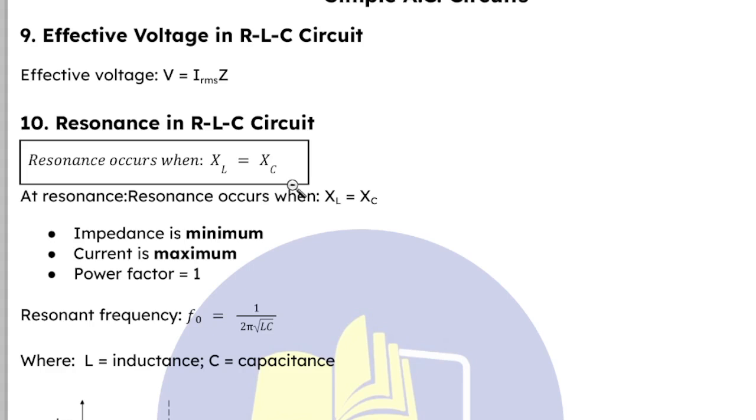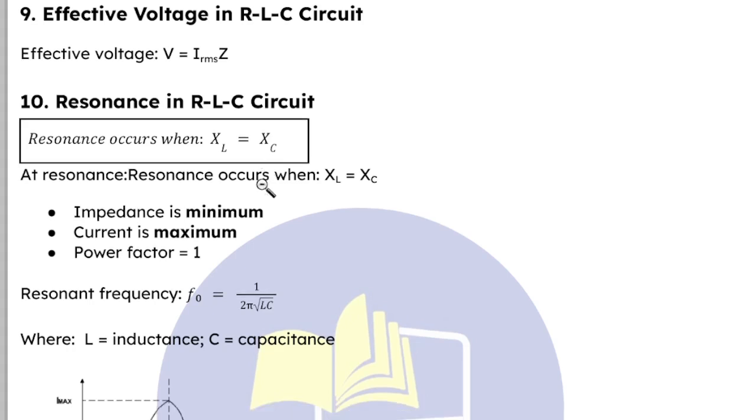XL is your inductive reactance, while XC is your capacitive reactance. So take note of that. At resonance, XL equals XC.